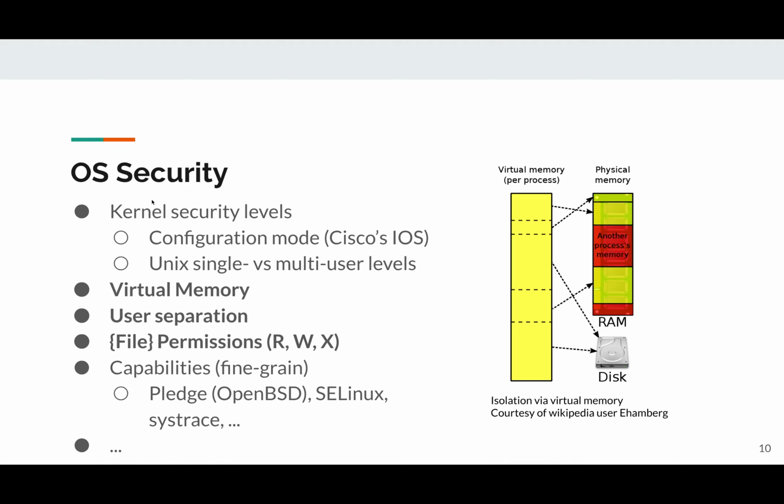Now, in terms of other security controls, there can be many different abstractions in play, and all of them can happen usually at the same time. So, for example, in Cisco IOS, an operating system that runs on network routers and switches, there is this idea of the configuration mode. Until you put your system in the configuration mode, you can't really change any important parameter of it.